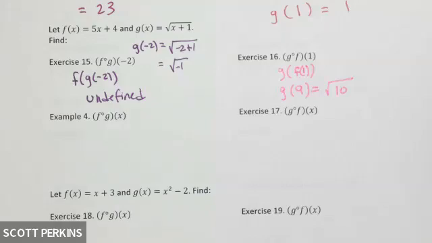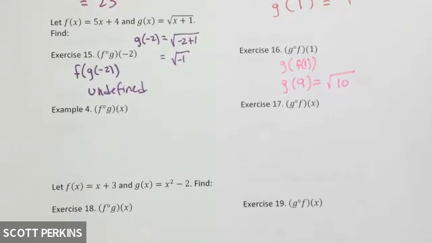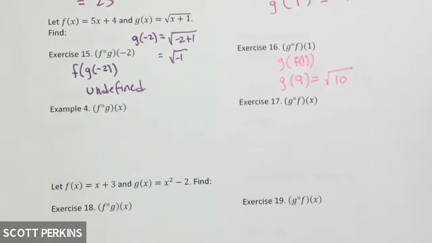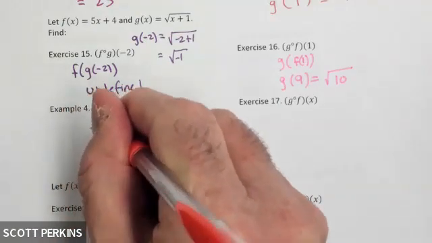Okay, so if you're doing okay with the numbers, then there's one more skill that we're going to talk about here, and that is what to do when I'm not given a value, when I'm just doing this for functions in general. So I'm going to do the next one, example 4, and I'm going to compose f and g of x. So first step, I'm going to take f of g of x just like with the value.